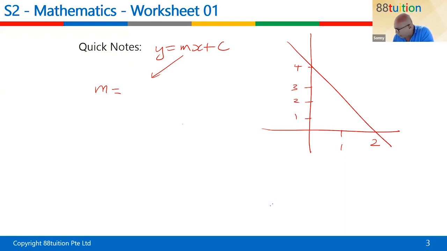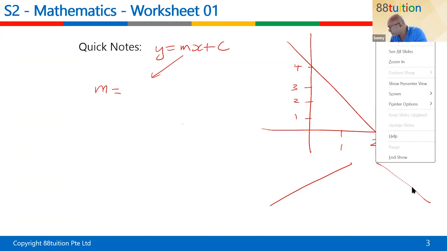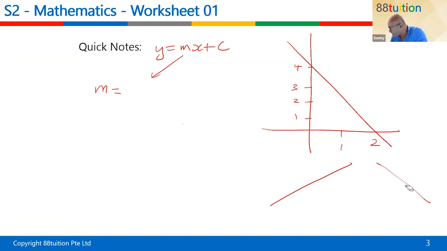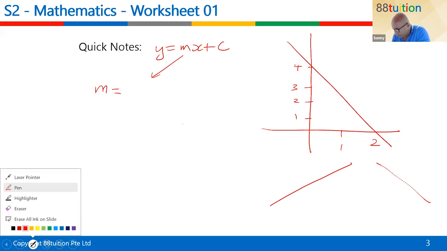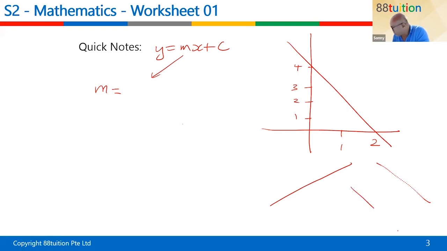A straight line can be moving upwards from left to right, or it could be sloping downwards. Okay, downwards.